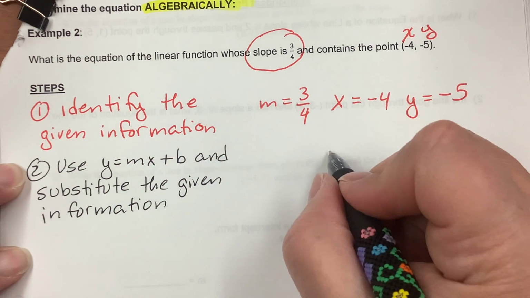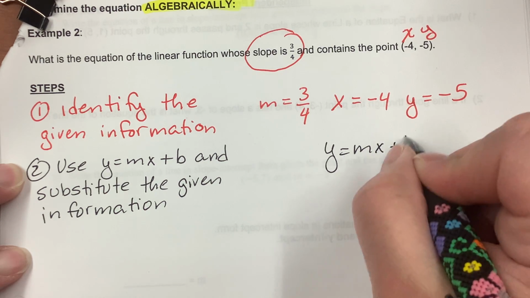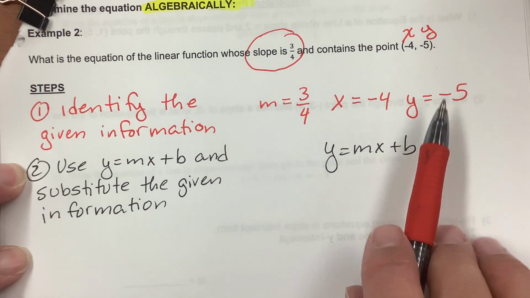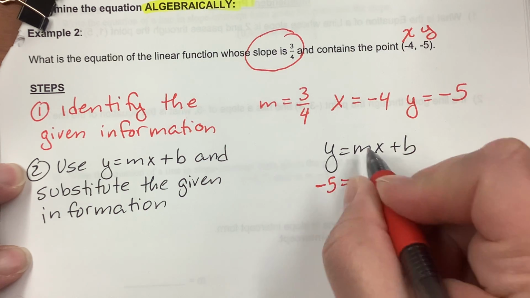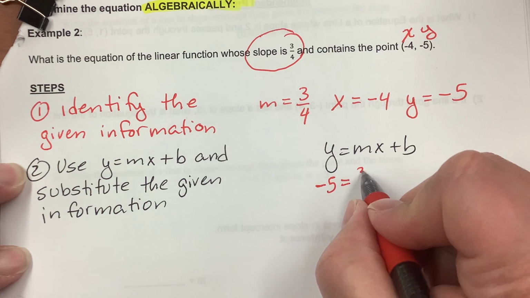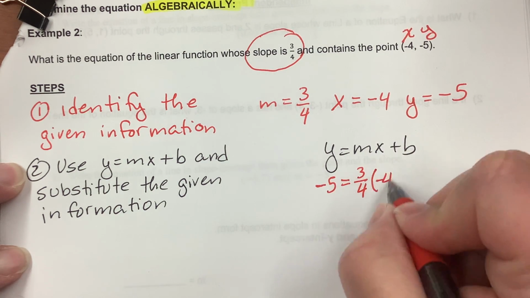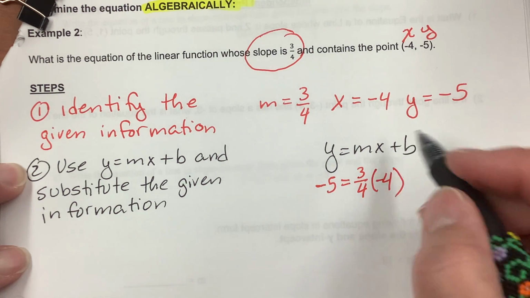So I'm going to use y equals mx plus b, and I'm going to substitute everything that they told me. Y is -5, -5 equals m is 3/4, x is -4. The only thing I don't know is this b.